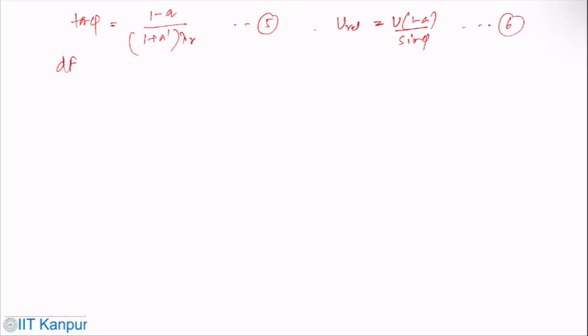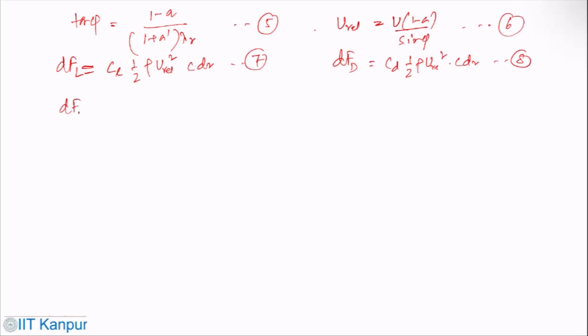Then you have dFL, so we are recalling those expressions again: Cl half rho U relative square c dr, and then you have dFD, Cd half rho U relative square c dr.